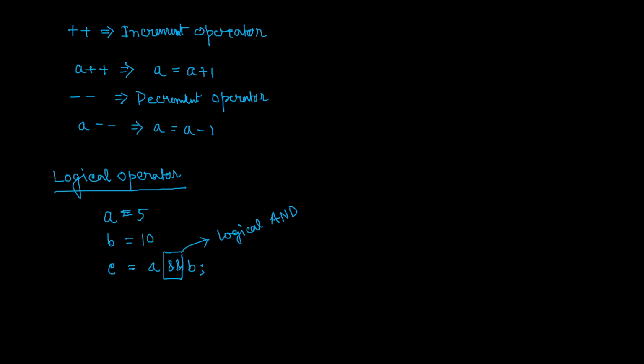So this particular instruction will be considered by the computer as c equal to true and true, as simple as that. And true means we know that it is 1. So 1 and 1 is 1.